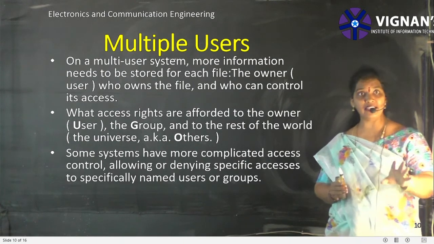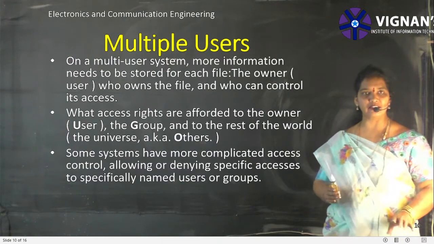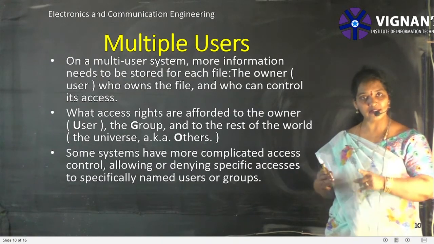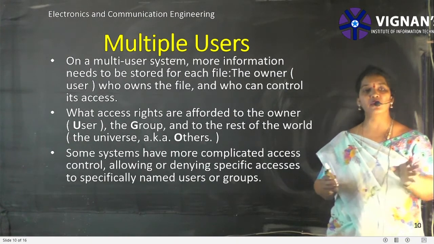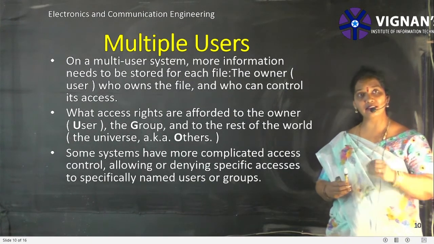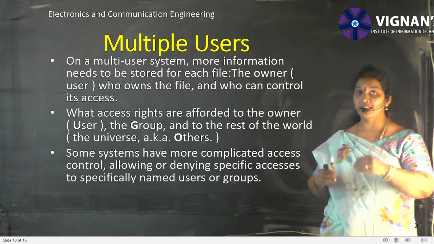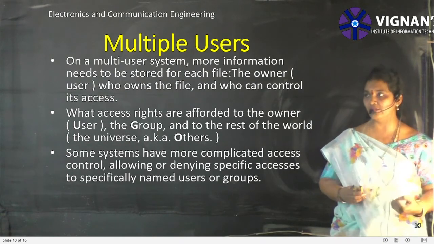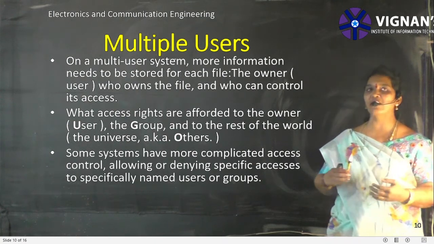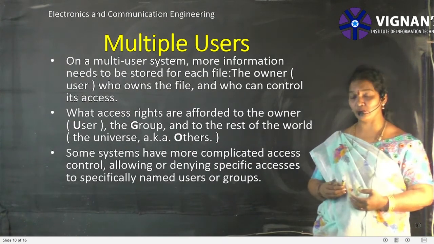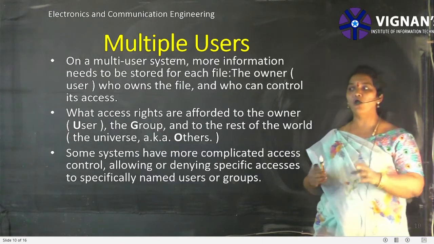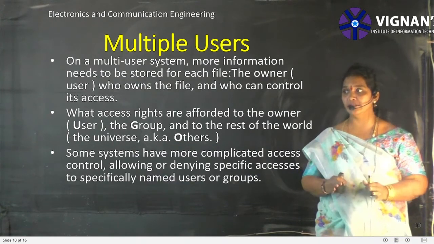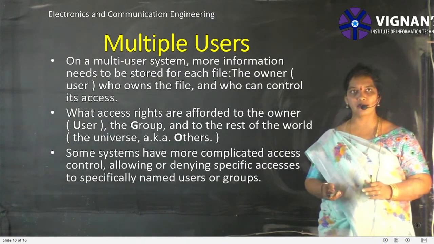If the owner denies particular access, clients connected to the system will not get that access. If the owner gives access freely, then they get whatever access the owner gives. Some systems have more complicated access control, allowing or denying specific access to specifically named users or groups.